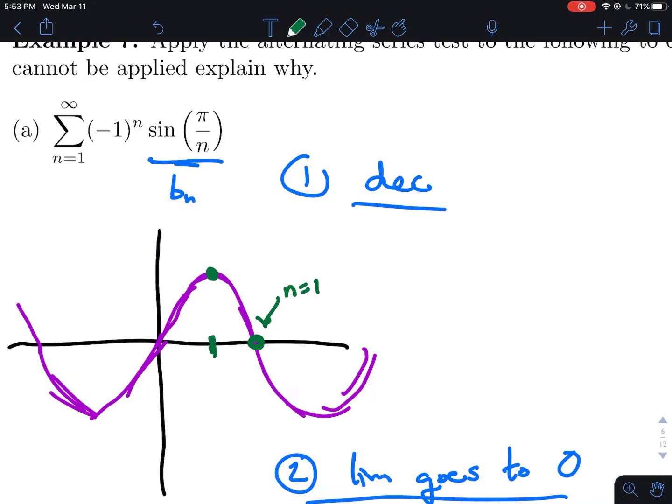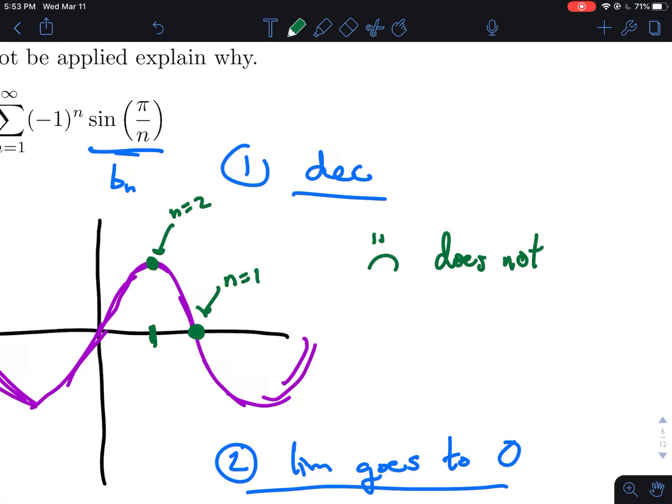Sine of pi over 2 is going to be 1. So this right here is when n is equal to 2. And already I can see we have a problem. This did not decrease. I started off here at height 0 when n equals 1, and then I ended up here at height 1 when n was equal to 2. And so the answer is no, it does not decrease.